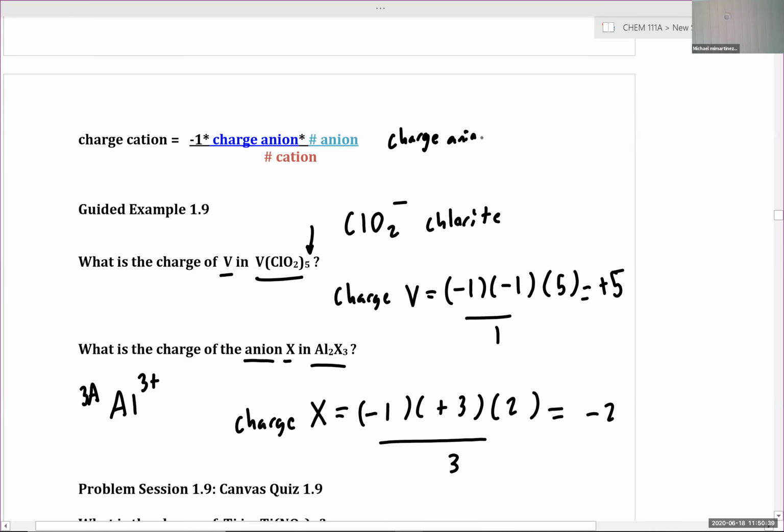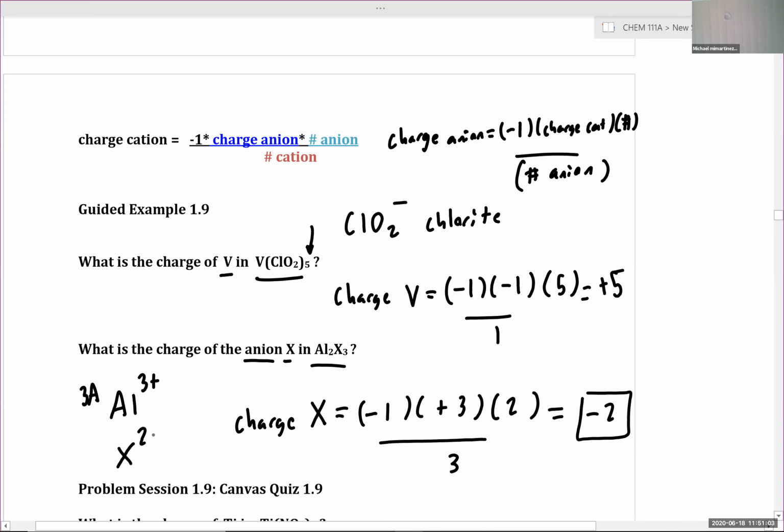So the charge of our anion is equal to -1 times the charge of our cation times the number of our cation over the number of our anion. That in turn gives us a predicted charge of -2 for our unknown anion X. Does that make sense to everyone so far?